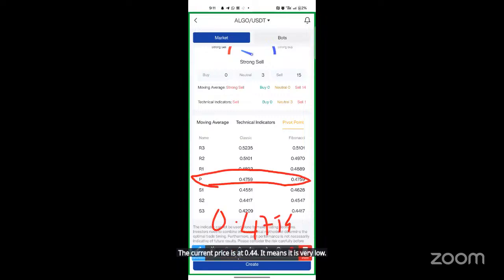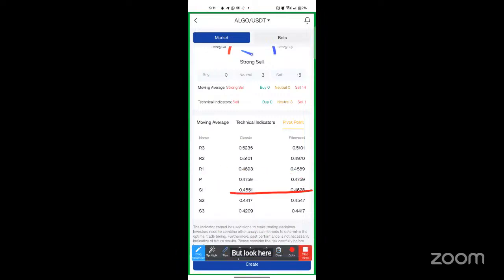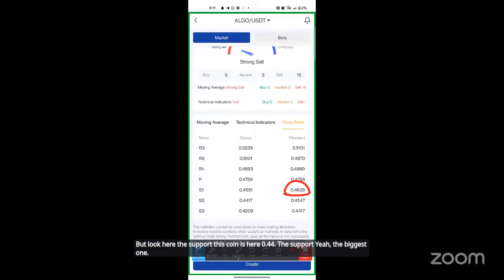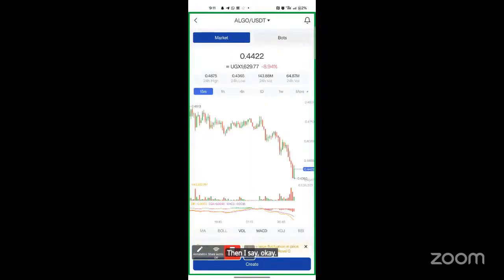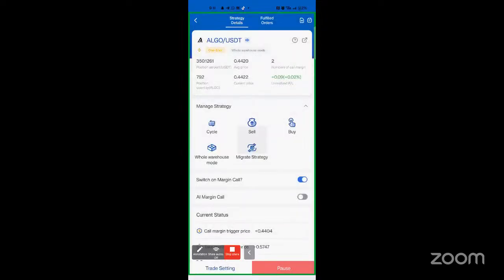But look here, the support, this coin is here, 0.44. The support here is the biggest one, 0.4628. Then I say, okay, that is where I'm going to sell. Then I tap on sell.